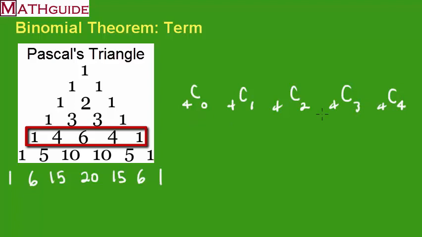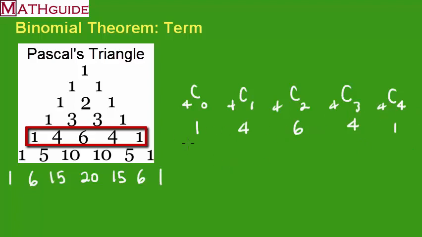If I used a calculator to calculate these values, I would get 1, 4, 6, 4, 1. And there you have it. You'll notice the pattern is that I start with the value 4, and I choose 0 as my first term. So 4 choose 0, 1, 2, 3, and 4. And that's how I find it.